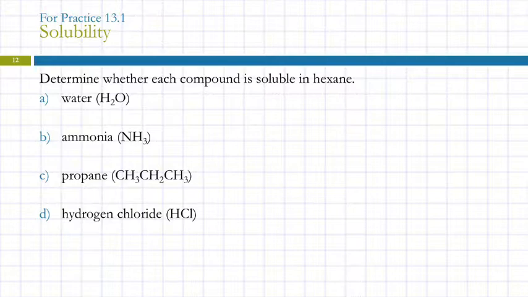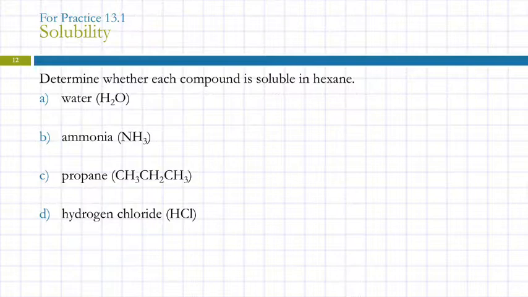So we should be able to make predictions like this. Determine whether each compound is soluble in hexane. So what we want to do is identify, are these polar substances or nonpolar substances? Well, you're not given the formula for hexane, but you should be at least able to identify whether it's polar or nonpolar.